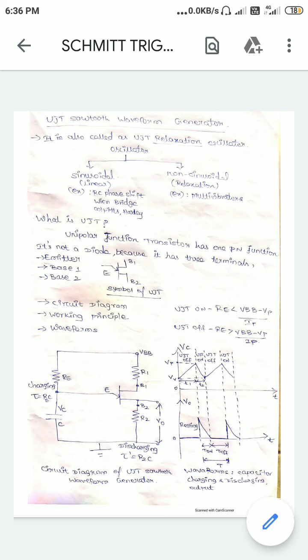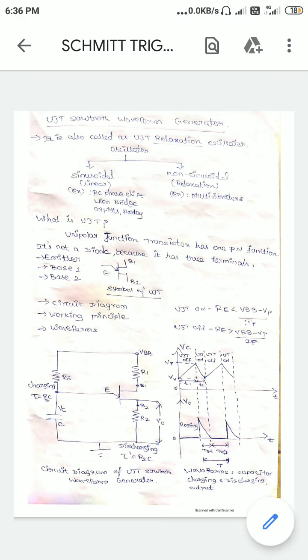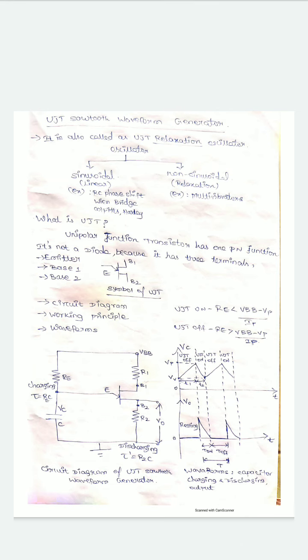The charging and discharging of the capacitor produce a waveform, shown near the circuit. Kindly see the waveform. It is drawn with respect to time. VC is the capacitor voltage. In the waveform there are two points: one is VV, the valley point, and another is the peak point, VP.